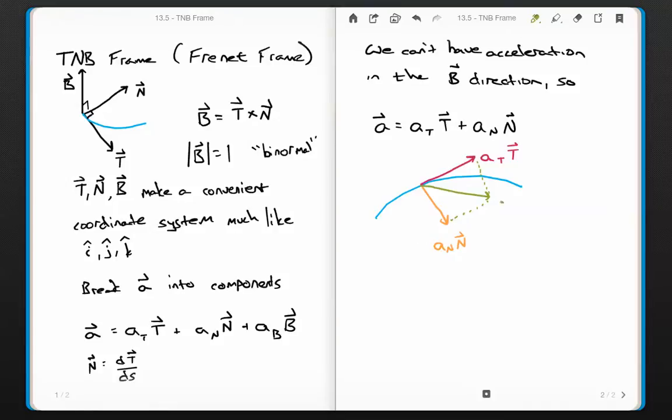This is the original A vector, so the magnitude of the acceleration squared will equal the tangential acceleration squared, but the tangential acceleration really is the magnitude of the derivative of the velocity with respect to time, squared, plus, and then we've got the orange component, A_N squared.